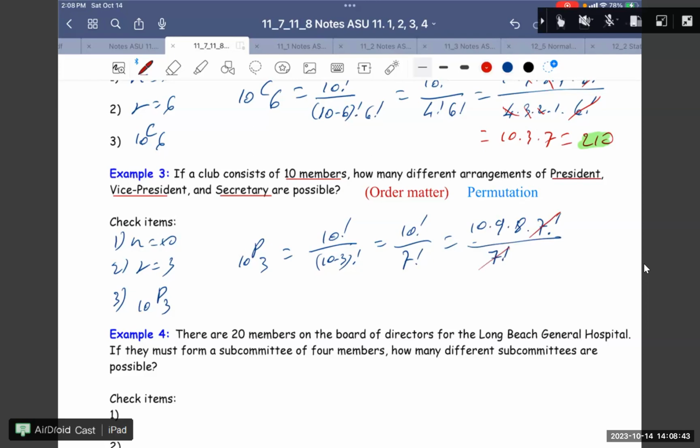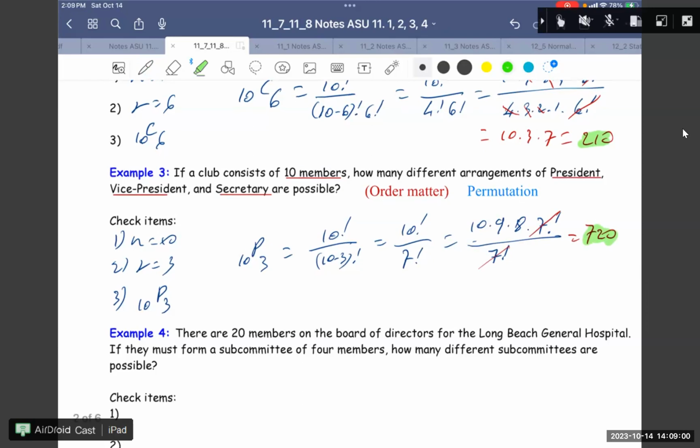So we get 720, because the order matters.